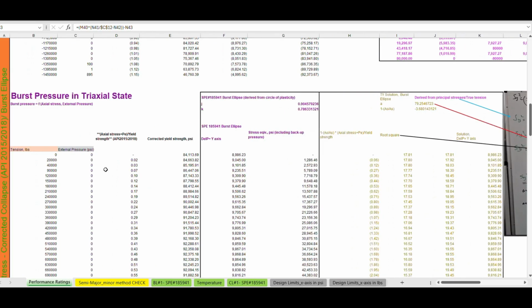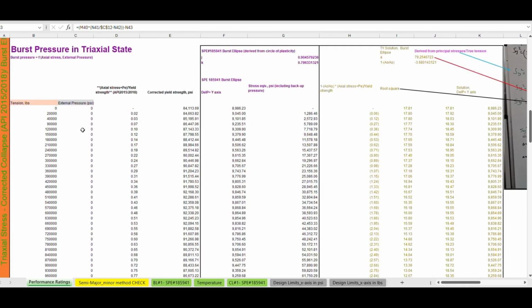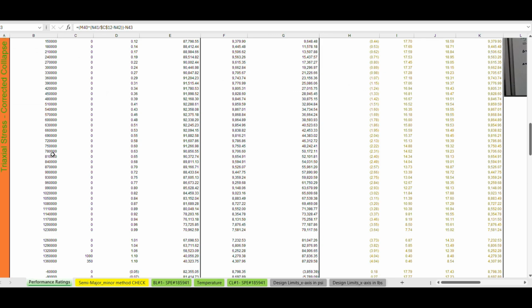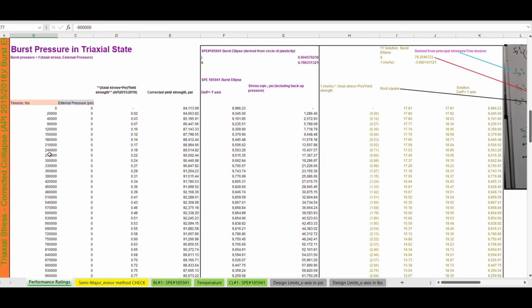So same as the collapse ellipse, for the burst ellipse I have a reference. I have predefined tension values that I basically randomly picked with the same increments, and then I calculated the delta P, which is the burst rating in the triaxial state.